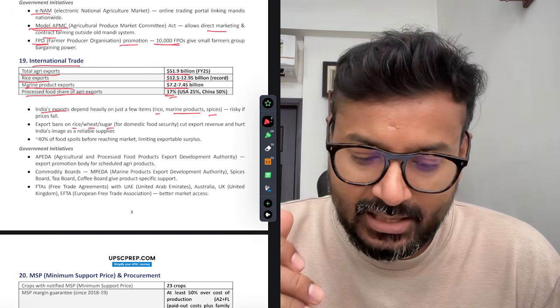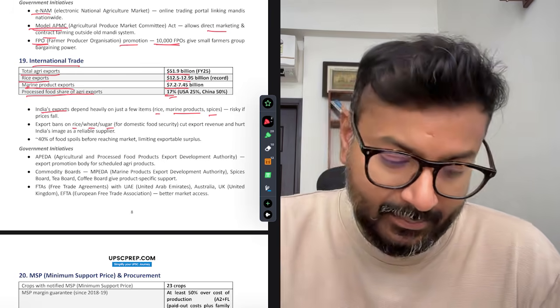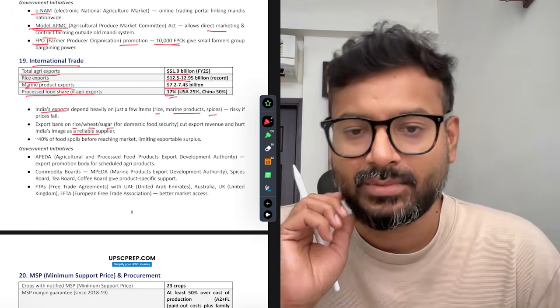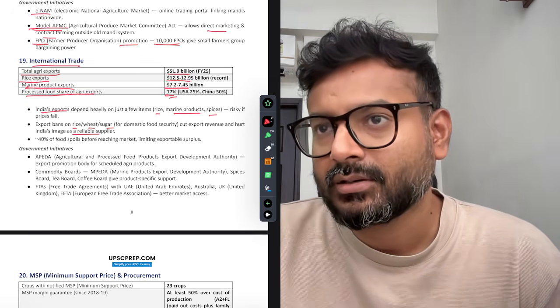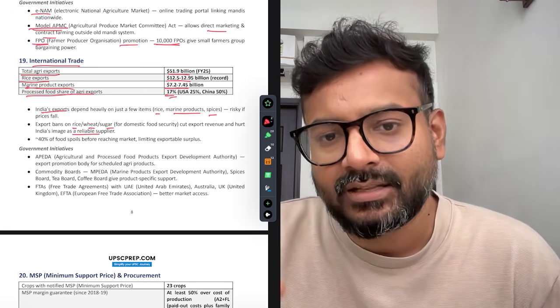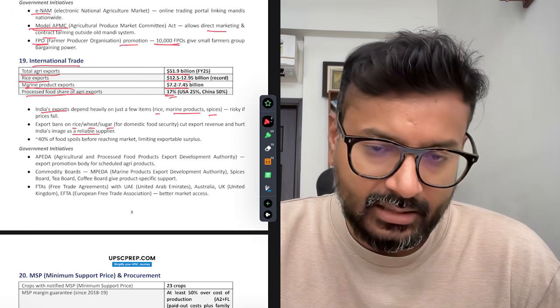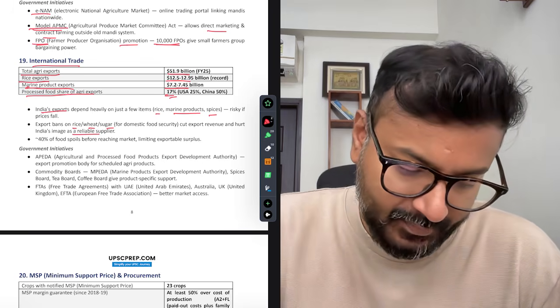Now, what it does is, it decreases our export revenue, but at the same time makes us an unreliable supplier. Foreign buyers will not rely on India for their supplies, and they look for other countries to procure from, and that is a loss for us.